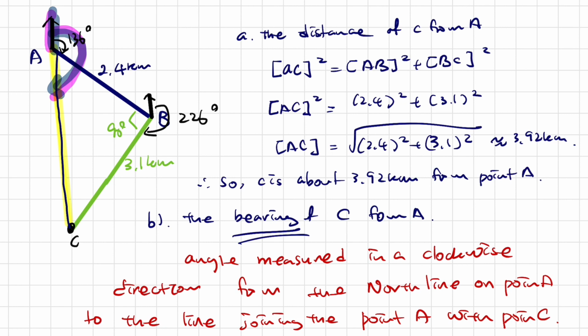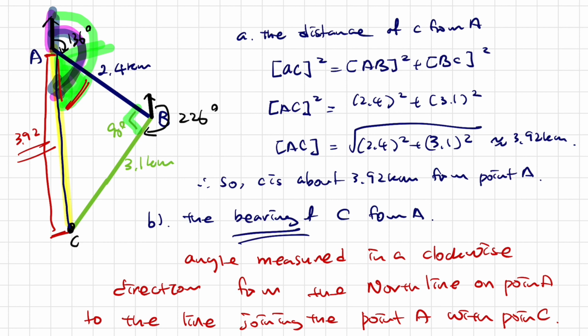So we already know that the angle from here to here is 136 degrees. So we just have to calculate this angle here, one of the angles in the right triangle. We know this is 90 degrees, and we also calculated the length of line AC as 3.92 kilometers.